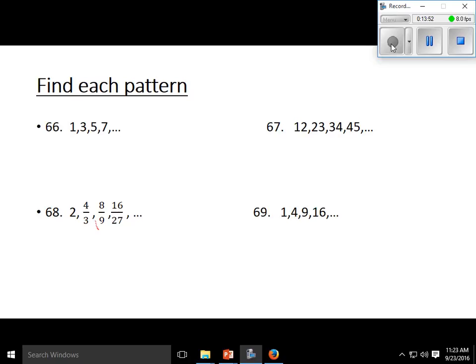Write the next two numbers. So somebody come up and do number 66 for us. Kenneth, go up there and do 66. Kenneth wrote in 911. Everybody agree with that? Somebody go up there and do 67 for us.